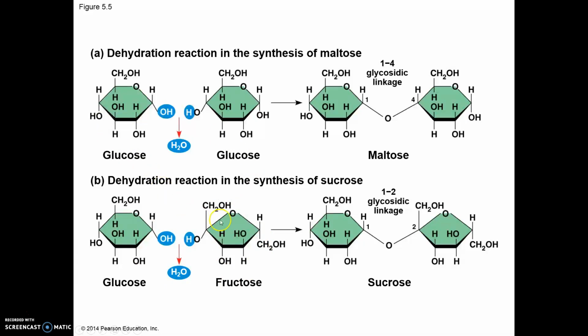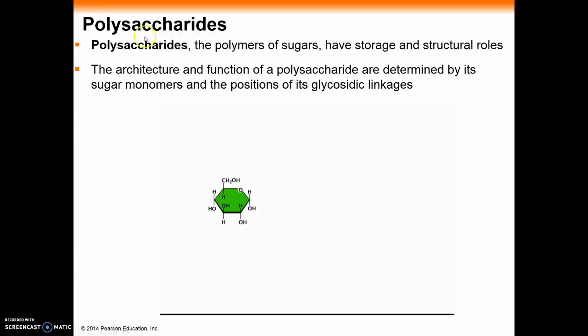All right, so we can extend this out beyond disaccharides and start looking at polysaccharides. Polysaccharides are just longer and longer chains of sugars. These polysaccharides, particularly these long chains, typically have a storage function in storing that sugar material, typically for fuel usage, or a structural role.